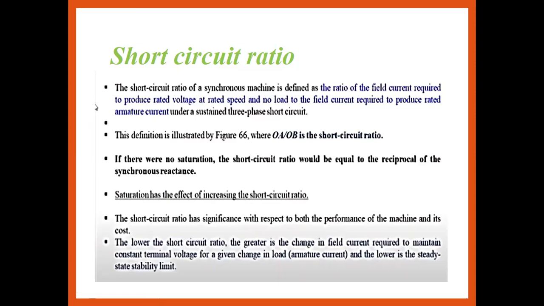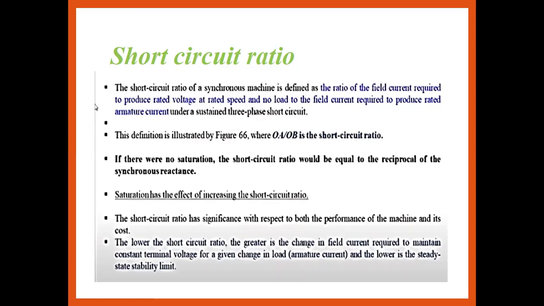The ratio of the field current at no load to the field current at rated armature current under the sustained three phase short circuit condition. This is called the short circuit ratio of the synchronous machine.